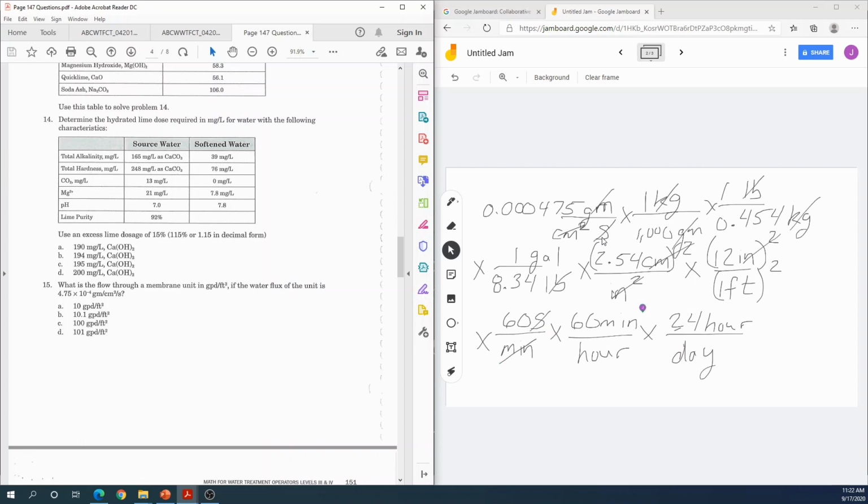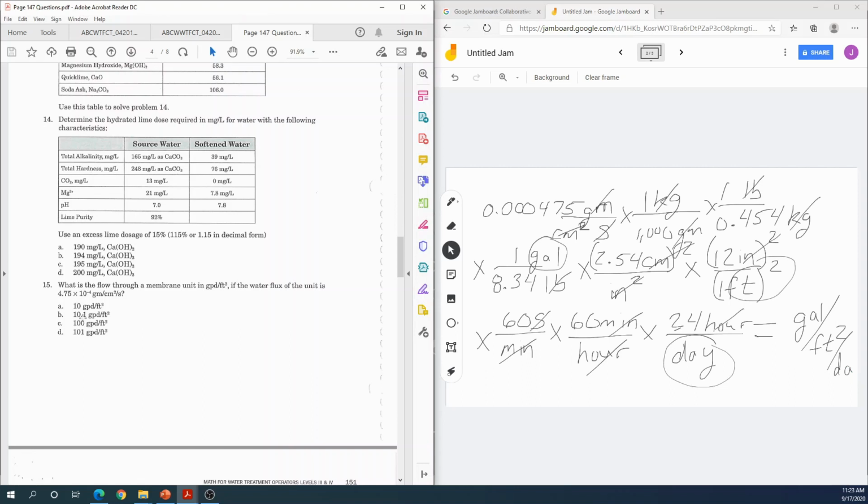Minutes cancel minutes. Hours cancel hours. So what we're going to be left with here when we're all said and done is going to be gallons per square foot per day.